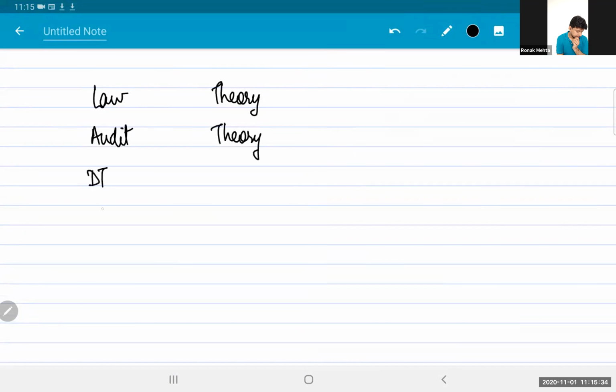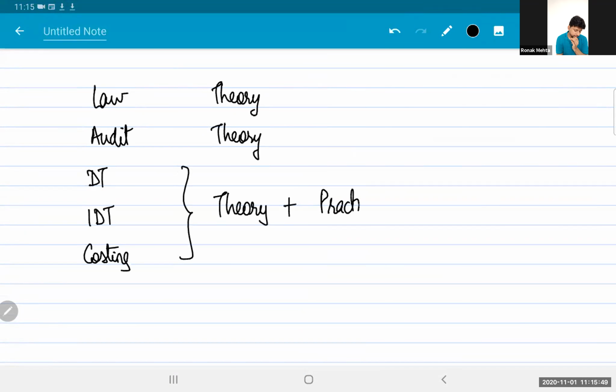Subjects like DT, IDT, costing, whatever it is called, CMP or whatever you say, I would think it is a mixture of theory plus practical. Feel free to correct me if you feel otherwise. FR is also the same.